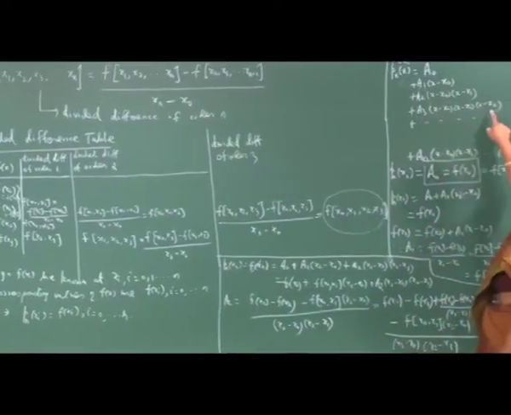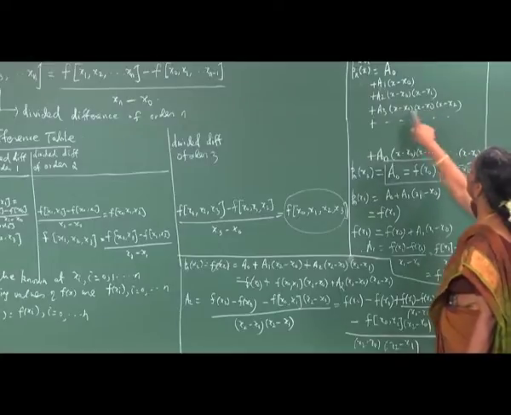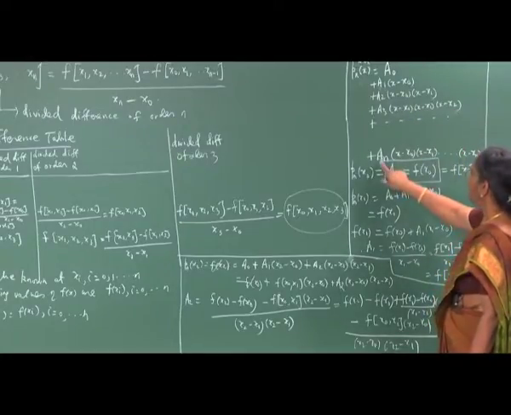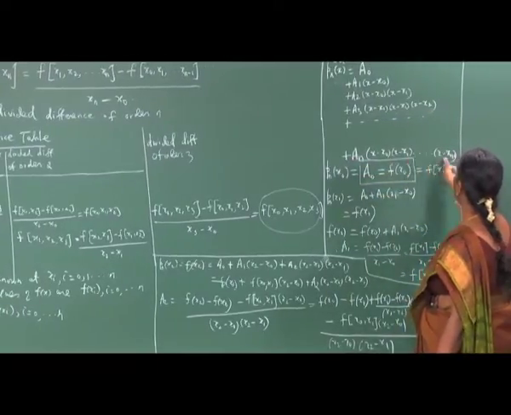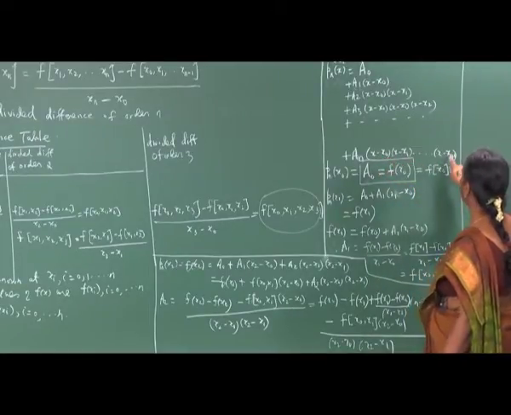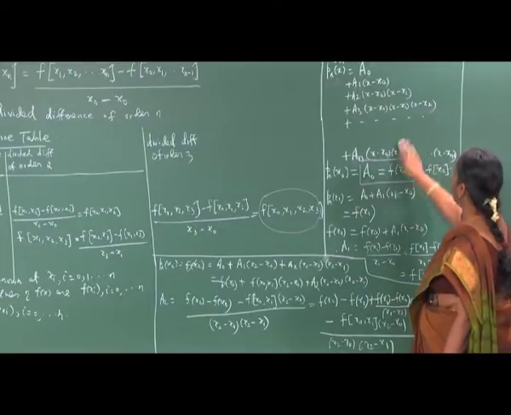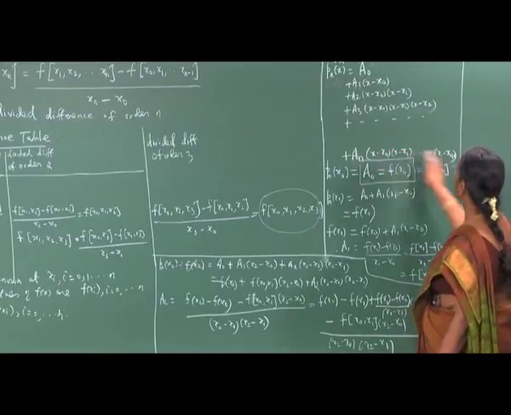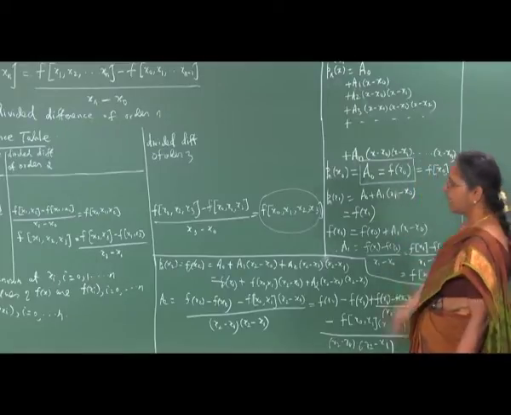If it is A3, we stop with x minus x2, it is a polynomial of degree 3. When it is An, then we have a polynomial of degree n. It starts at x0, so it goes up to x n minus 1. So, there are n such factors. So, the degree of this polynomial will be n.